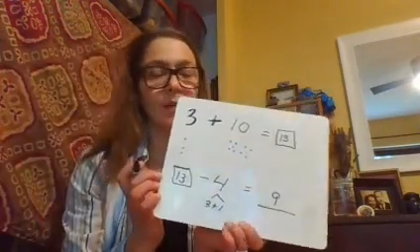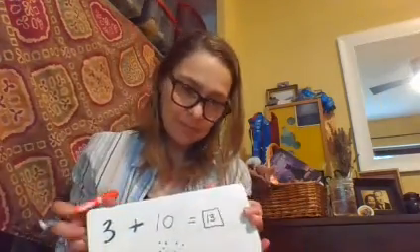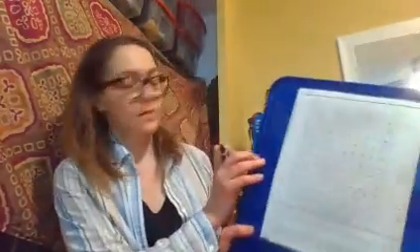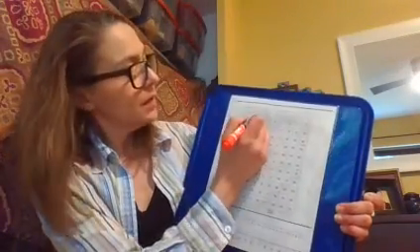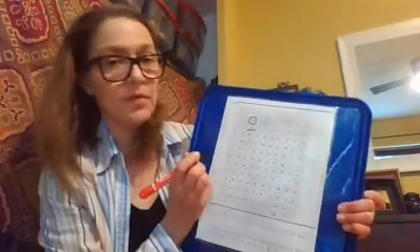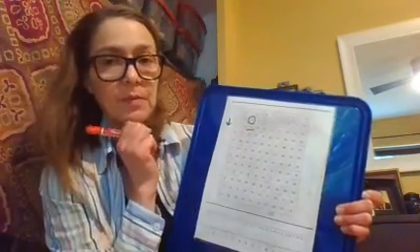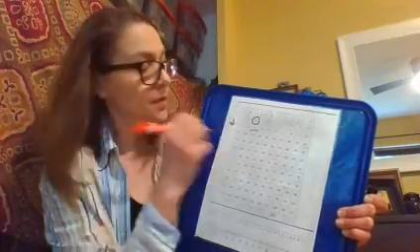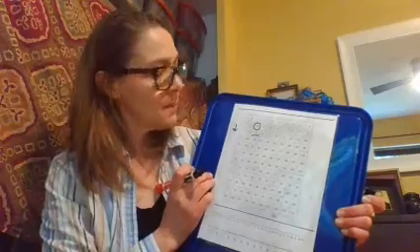Okay, and then I'm going to want to double check, so I'll get my hundreds grid. And I'll find 3. And I'll count up 10. And I know that that's 1 down, so I get 13. 1 down the hundreds grid, but up the number line, thinking up in numbers.